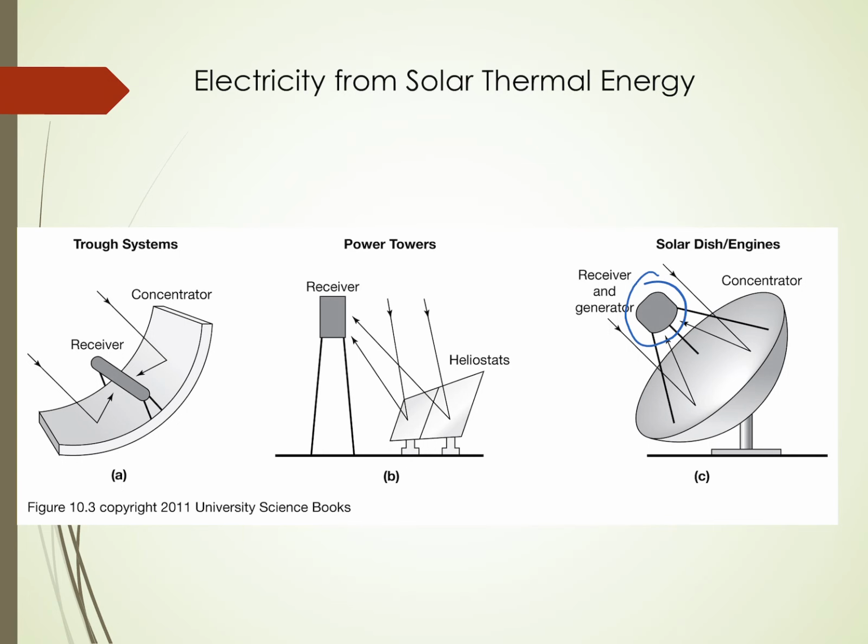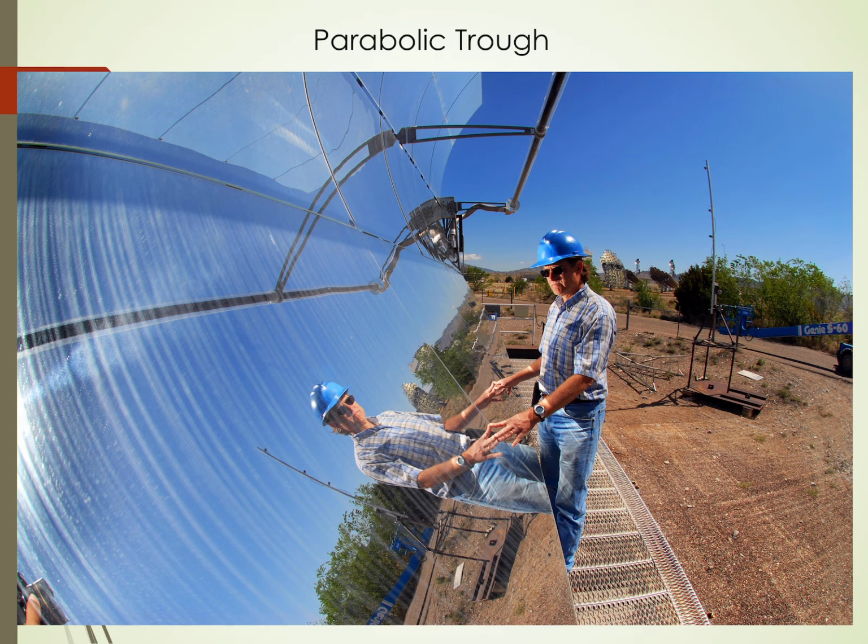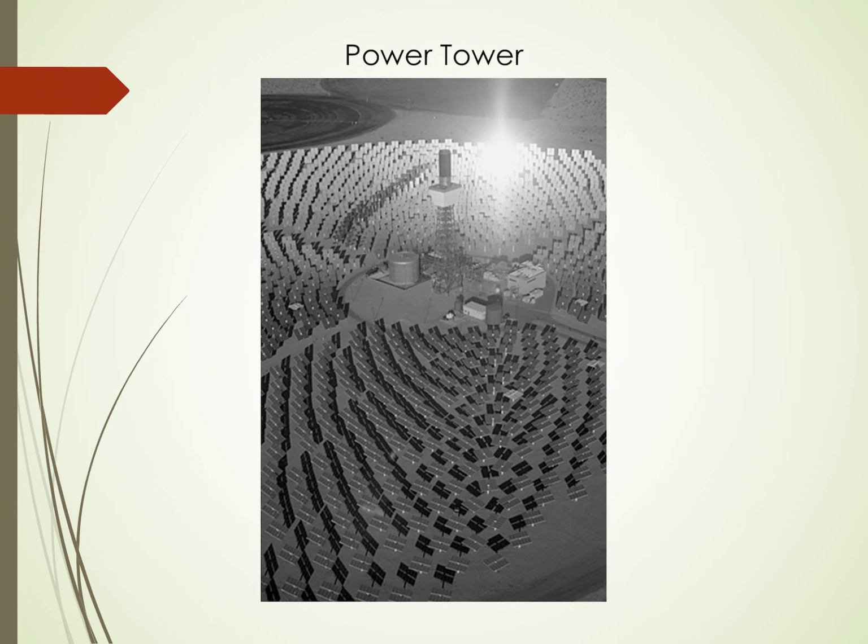Here's the parabolic trough. So this one right here, trough systems. And what we can have is oil running through here, because then we can heat that and then carry that to water and generate the steam. Or you can use molten salt.